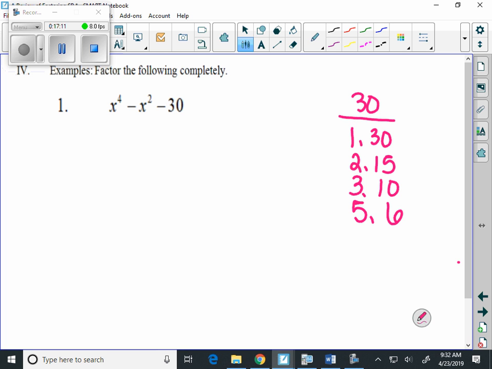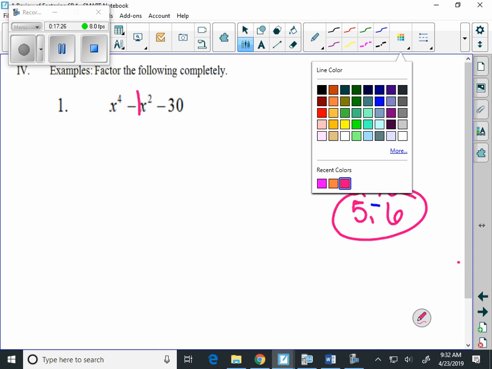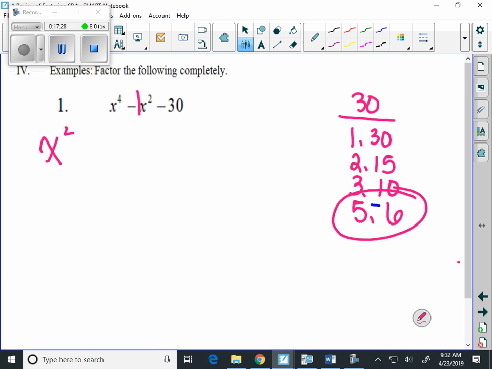Will any of those combine to be 1? 5 and a 6. In fact, it needs to combine to be a negative, so it's going to be 5 minus 6. We're going to split the middle. We're going to write down the x to the 4th, the minus 30.